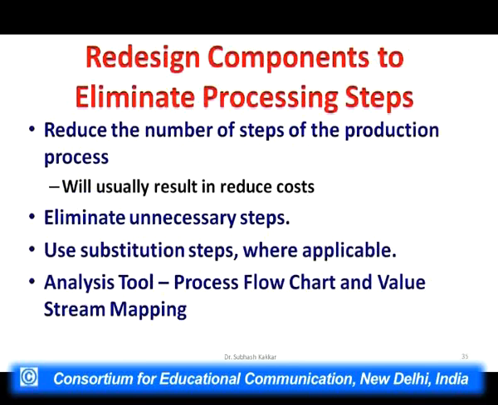Redesign components to eliminate processing steps. Reduce the number of steps of the production process and will usually result in reduced costs. Eliminate unnecessary steps. Use substitution steps where applicable. Analysis tool, process flow chart and value stream mapping must be done to reduce the cost of manufacturing.